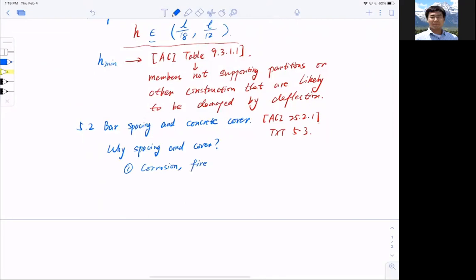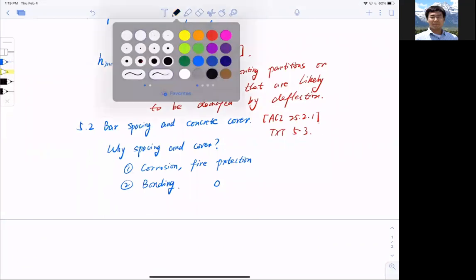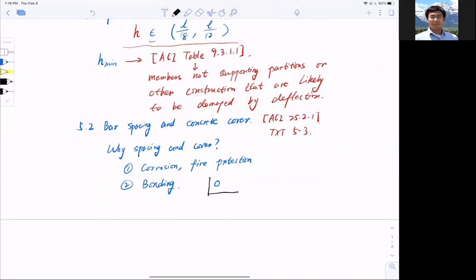And the second is that we have fire protection. If the concrete is so thin, it can burn to crisps and spall, and the reinforcement is exposed, which is bad. Okay. Now the next reason is bonding. Imagine I have a bar right here, and this bar will be transferring stresses to the adjacent concrete.